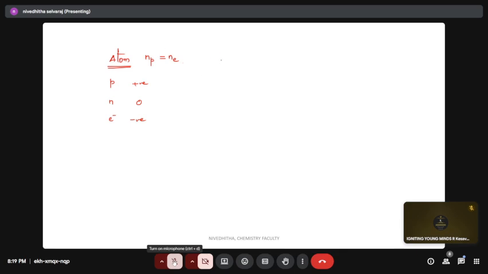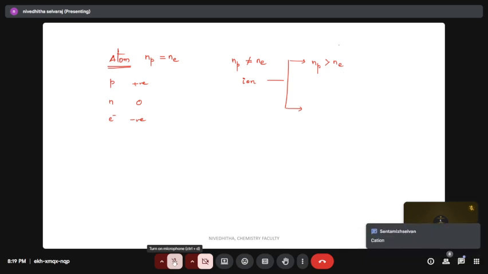But if the number of protons is not equal to the number of electrons, then they are not called atoms, they are called ions. In ions we have two types. If the number of protons is greater than the number of electrons, then the charge will be positive. A positively charged ion is called a cation.